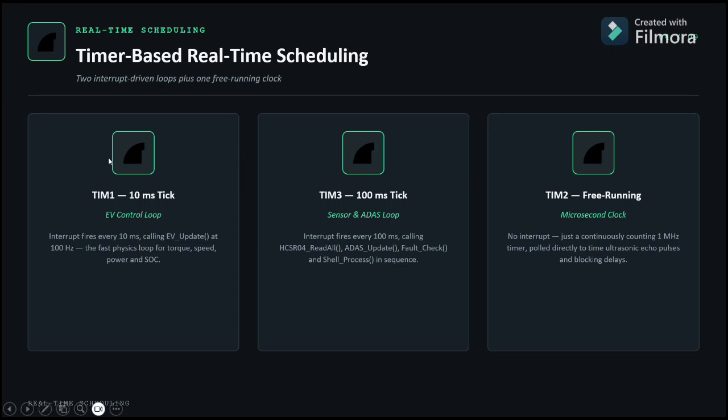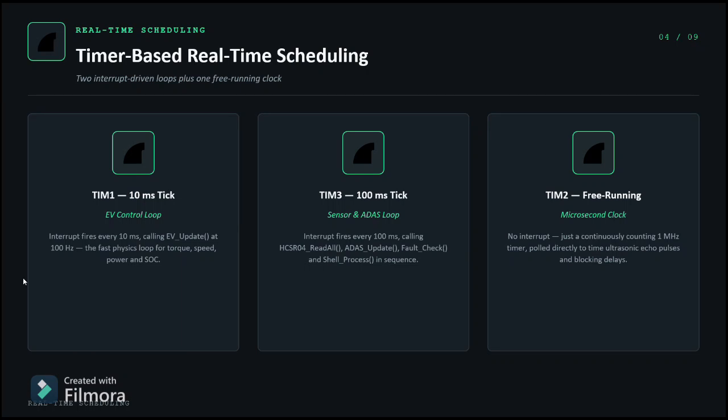We have used three timers. Timer 1 is a 10 millisecond tick, Timer 2 is free running, and Timer 3 is a 100 millisecond tick. Timer 1 is used for the EV control loop, Timer 2 is used as a microsecond clock, and Timer 3 is used for the sensor and ADAS loop.